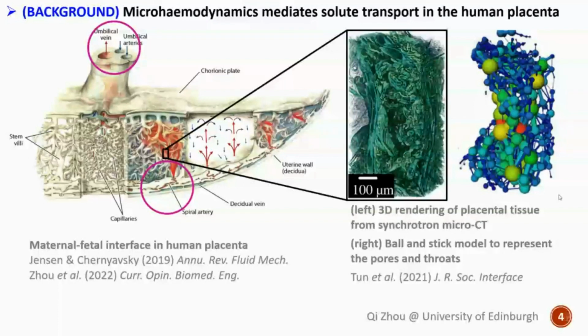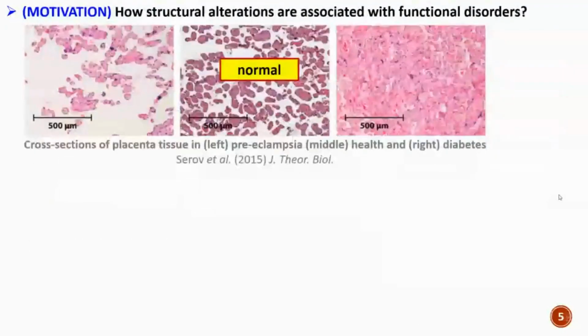If we construct this tissue structure, we see it's highly porous, and it can be represented by a pore-and-stick model. In pathology, this structure usually changes. It either becomes too dense or too dilute, and there is also the issue of tissue alignment.